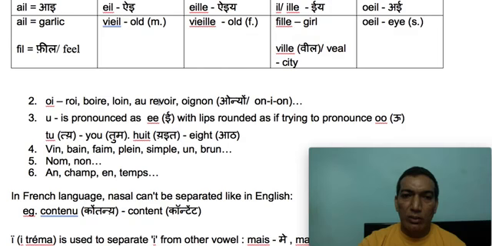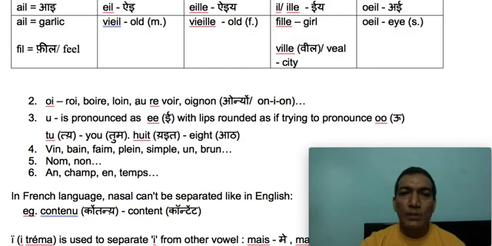How it is pronounced, we will break it down. So this is pronounced normally when you are speaking French in running speech. Whenever you want to say see you again in French, au revoir, you do not pronounce it separately as au revoir, but in running language you say it together.